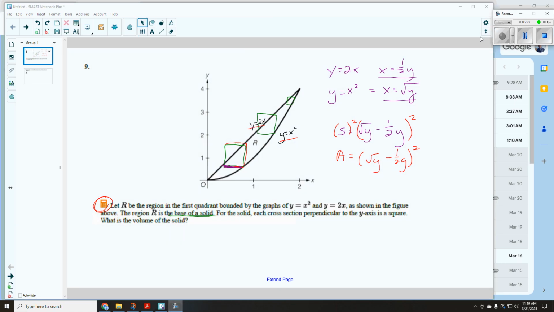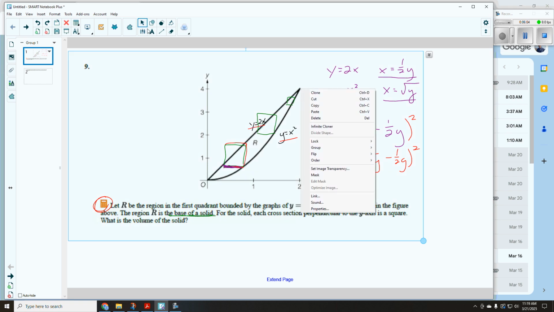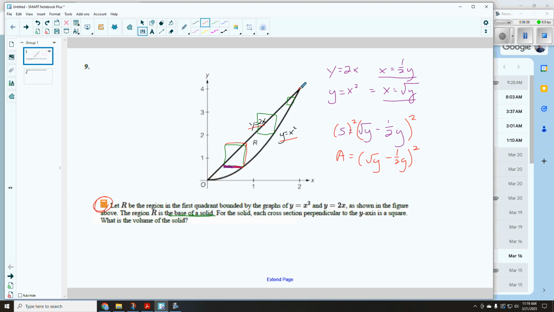Now, the next thing we need to figure out, since we're going to be integrating with respect to y, is what this point right here is. I know that this point here is 0, 0, so I know that the lower boundary of integration is going to be 0, but what's the upper boundary? It looks like it's 4, but we can check that. Where does the square root of y equal 1/2 y?